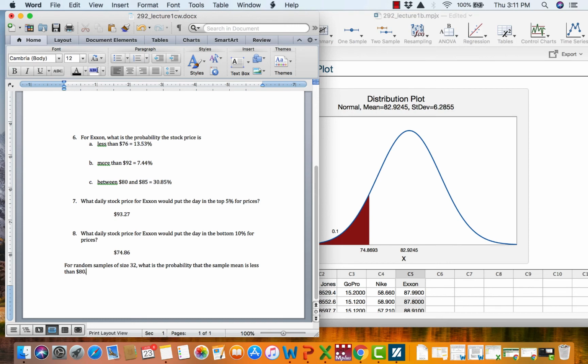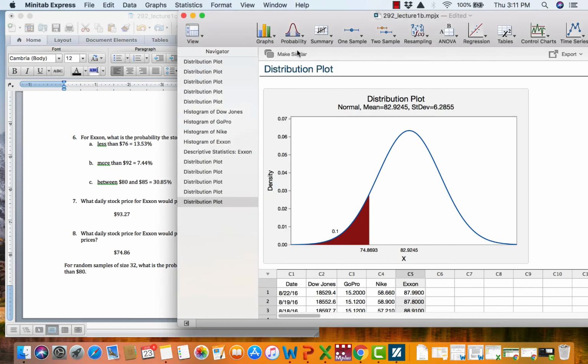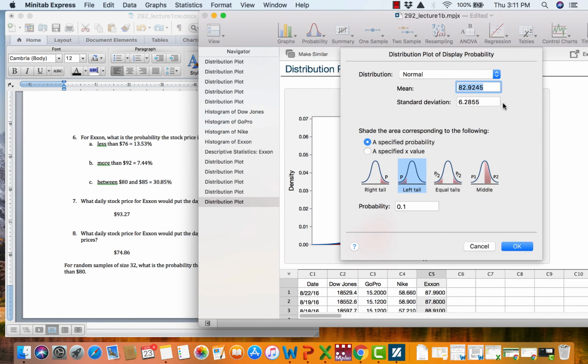So we go into make similar. Our mean stays the same. We have an X value, and we're interested in less than $80.